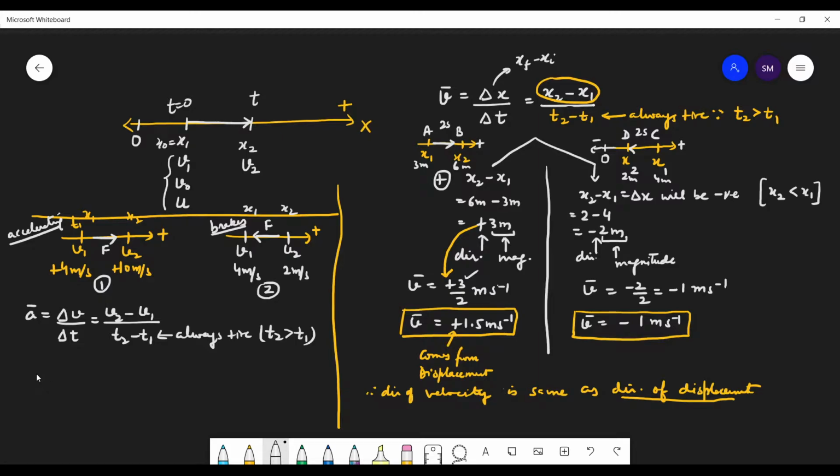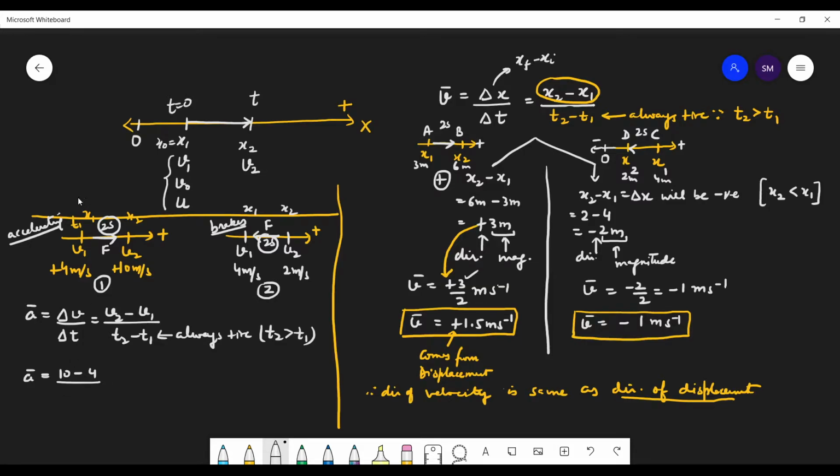In the first case, suppose the time taken in both cases is 2 seconds. Now the change in velocity is v2 minus v1. So here v2 is 10 meter per second minus 4 meter per second, divided by the time, which is 2 seconds.